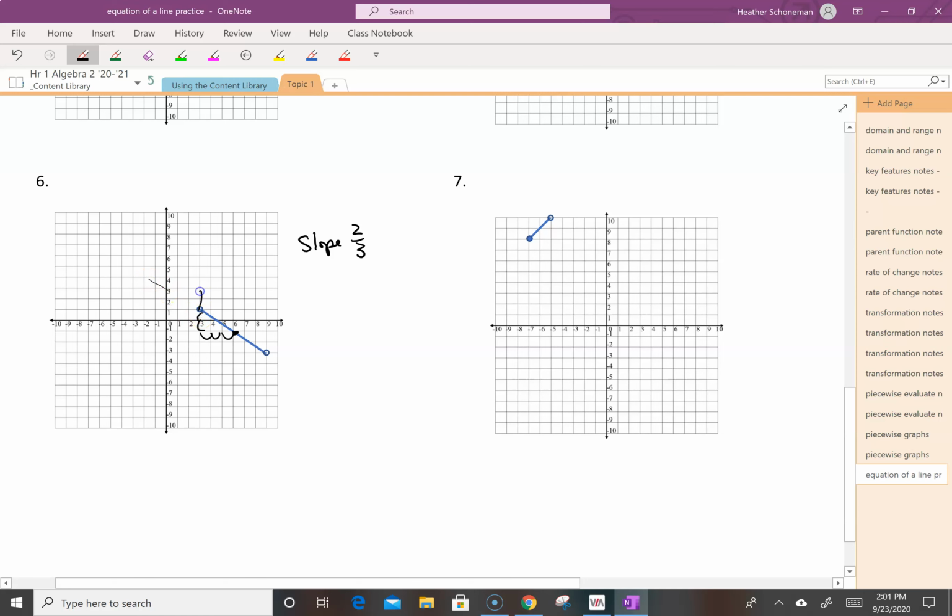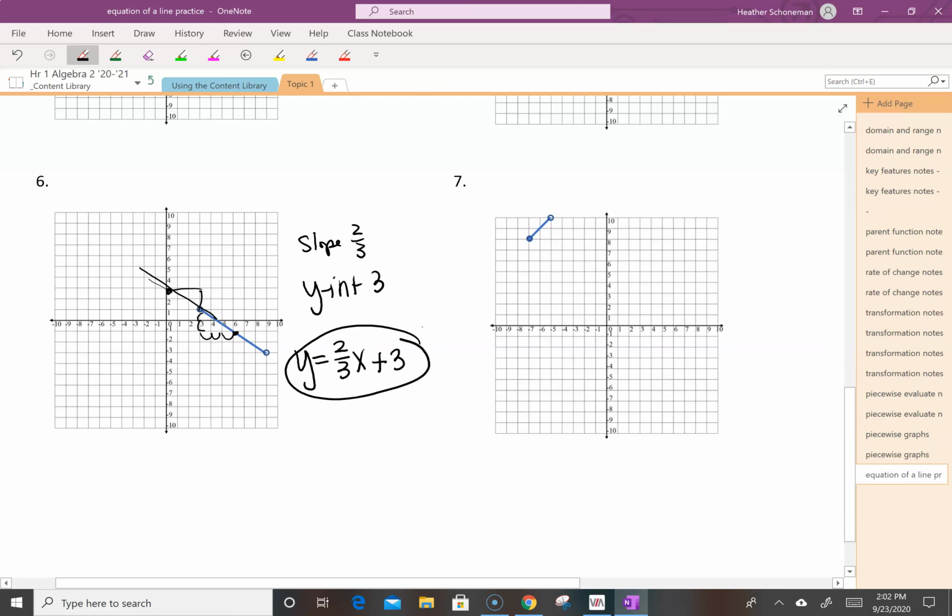Let's go up 2 and left 3. Using my slope, it's got to go right there. So my y-intercept has to be 3. When I write my equation, I've got y equals my slope, 2/3 x, plus my y-intercept, 3, and there's my equation.